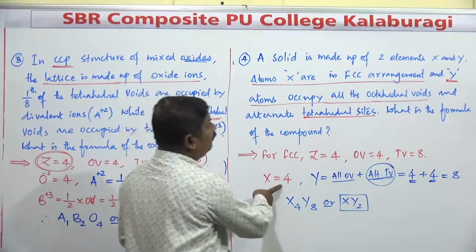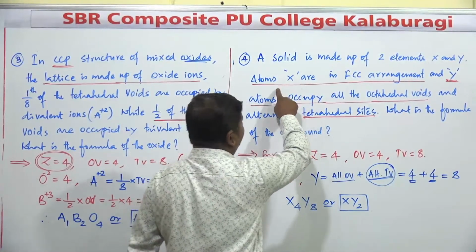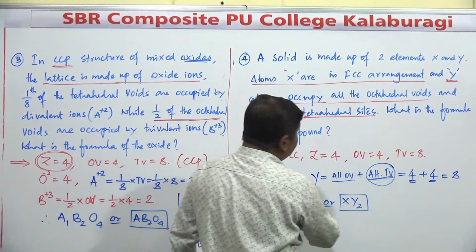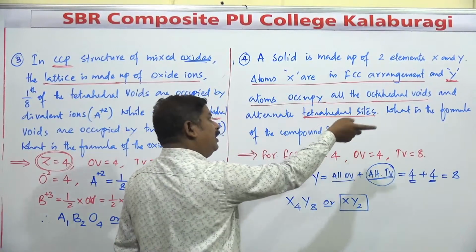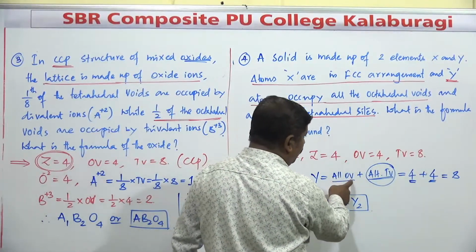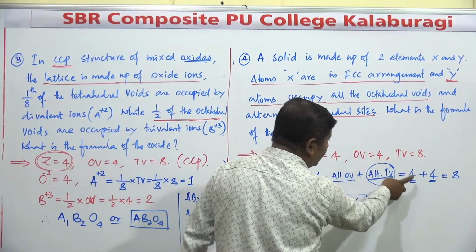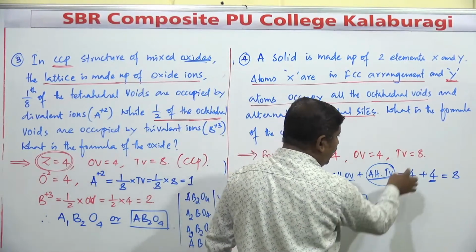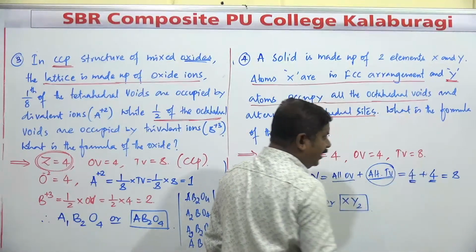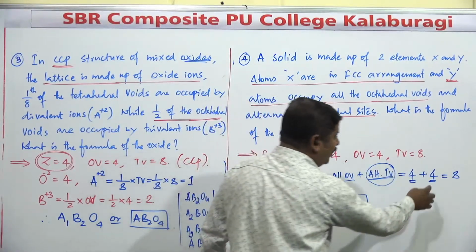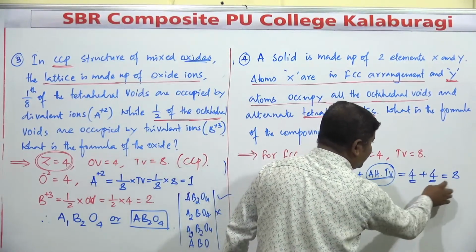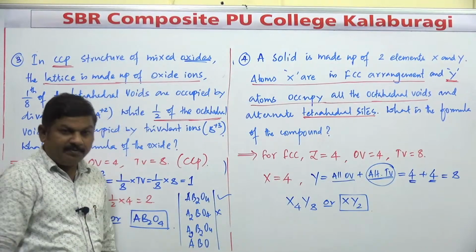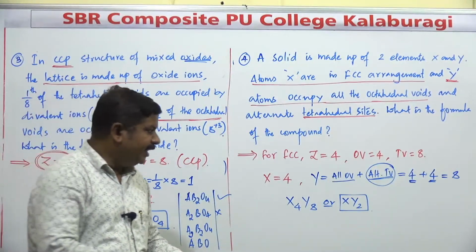X is equal to 4, because atoms of X are in FCC arrangement. Y occupies all the octahedral voids, which number 4, and alternate tetrahedral sites. Total number of tetrahedral voids is 8, so alternate tetrahedral voids is also 4. 4 plus 4 is equal to 8. X4 and Y8, so the simplest ratio is XY2.